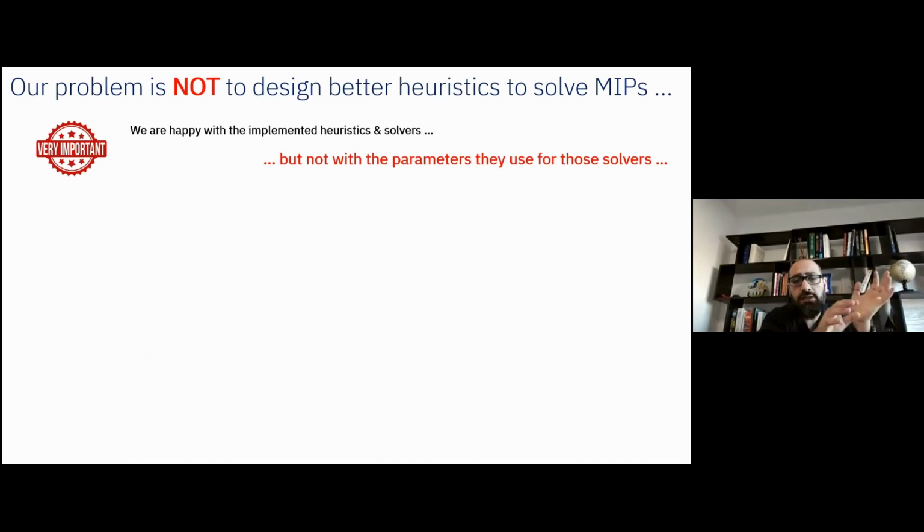Over the years, people have created different solutions and different heuristics that are capable of finding this variable x. So we're not going to try to create a new type of heuristics. We are happy with these heuristics, but we're not happy with how we combine them. We have these 100 different heuristics to solve the MIP problem, but now we would like to combine them, or make sure they work in a way we want them to work, so that we get better results on my MIP solver.